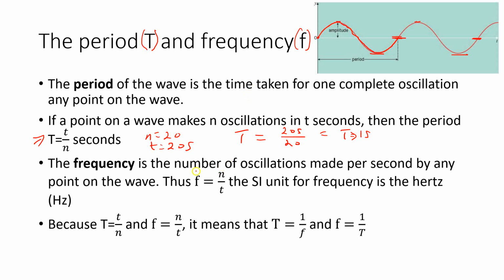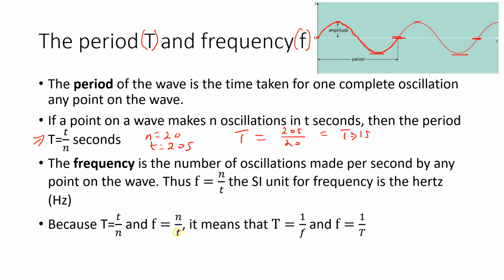So with all of that being said, we have come to this conclusion: our period is equal to the time taken to complete those oscillations divided by the number of oscillations, whereas our frequency is equal to n divided by t.